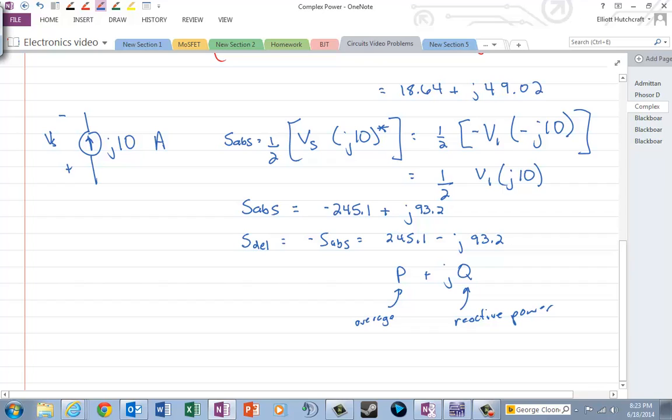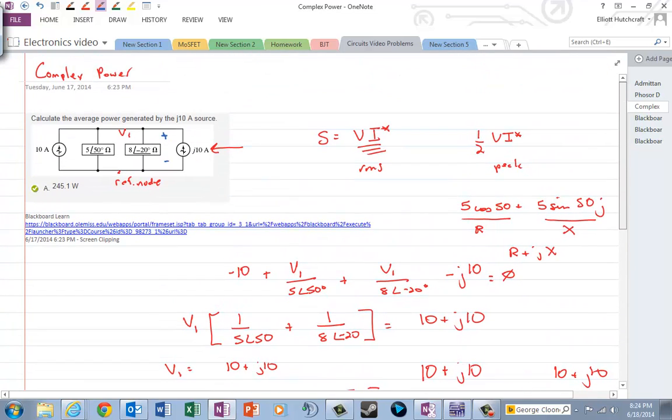And now both of these would be average power delivered, reactive power delivered. So my average power delivered, P average delivered, is equal to 245.1, and the units on that is watts. So does that agree with our answer up here? Yes, it does, and we are in good shape.